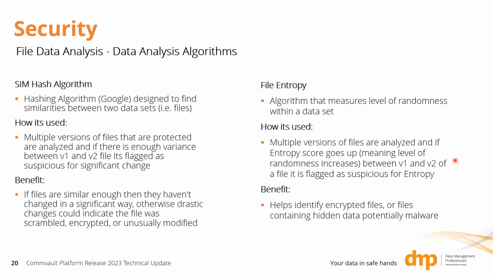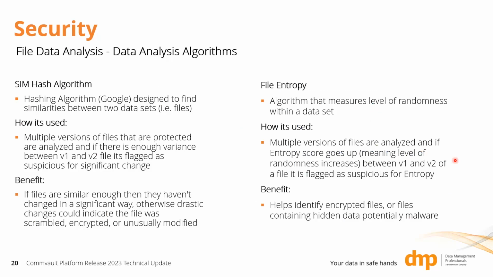So how does it work? What does it use to scan those files? It's using two different methods. One is the SimHash algorithm by Google, and it looks for similarities between two data sets.